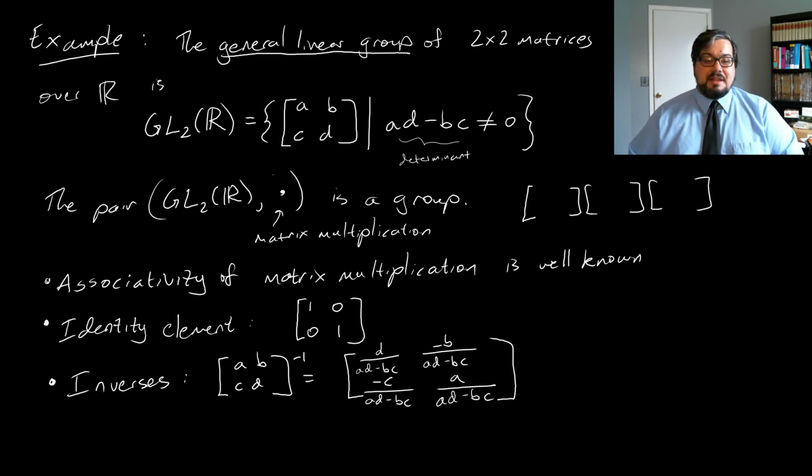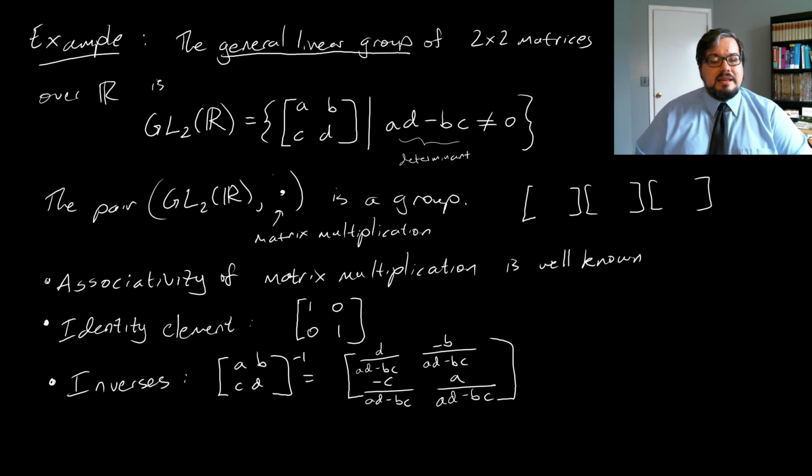You can check that if you multiply this on the right with the original matrix A, B, C, D, you do get the identity matrix back. This formula shows why we needed AD minus BC to be non-zero. If it were 0, these denominators would be 0, this matrix wouldn't be defined, and we'd have an issue.